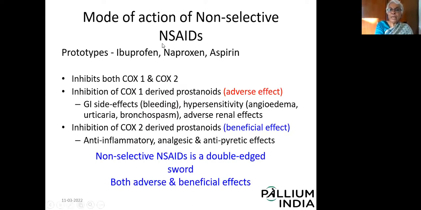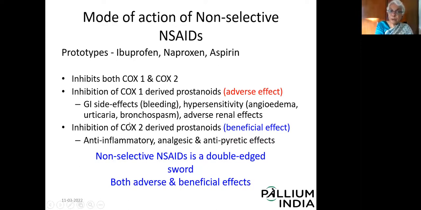So the prototypes of non-selective NSAIDs are ibuprofen, naproxen, aspirin. Okay, they are blocking both COX-1 and COX-2. Because of the inhibition of COX-1, it exerts its adverse effects because it can cause GI bleeding, it can cause hypersensitivity reactions like bronchospasm, urticaria, it can cause adverse renal effects.